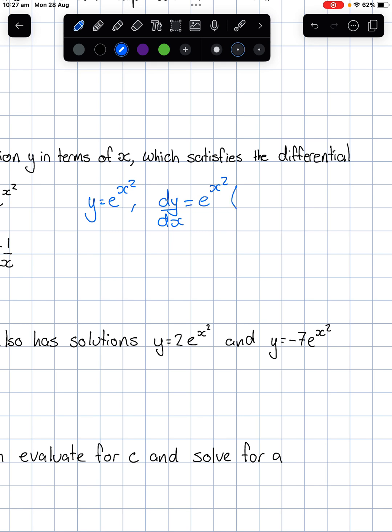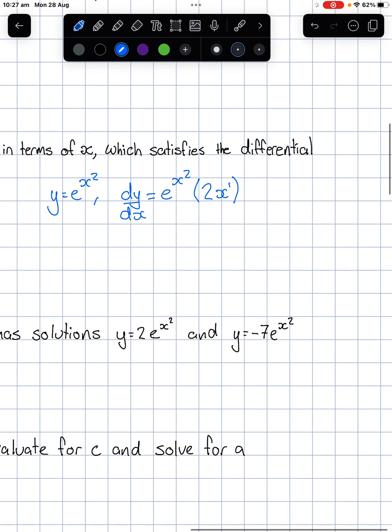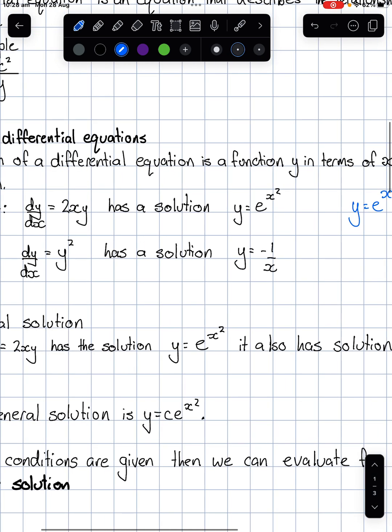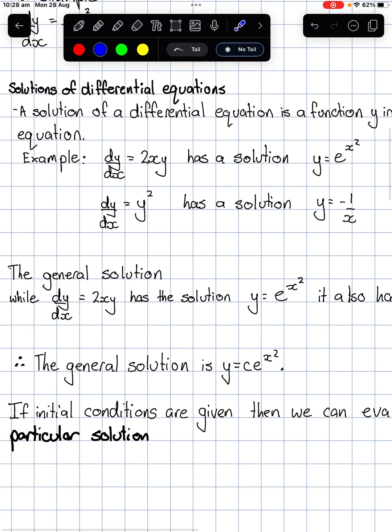Then we've got to do the derivative of the inside, which is 2x, just doing a chain rule, which gives us 2x e to the x squared. Now this can be written as 2x, and then e to the x squared was y, our function. So that's why in this example, dy/dx equals 2xy has a solution y equals e to the x squared.